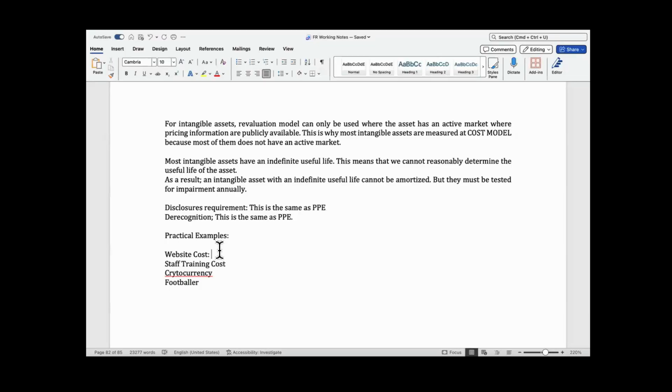Neither are you right. So the way to answer this, just so that you pick points in the exam, is to say that intangible assets are recognized if they meet two criteria: probable future economic benefit and a cost that can be measured reliably. Then you capitalize it.